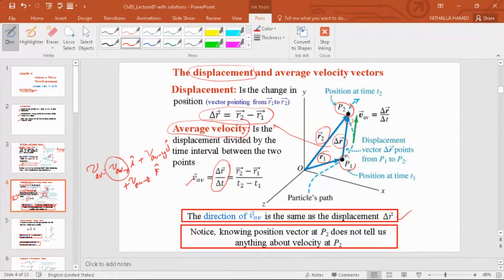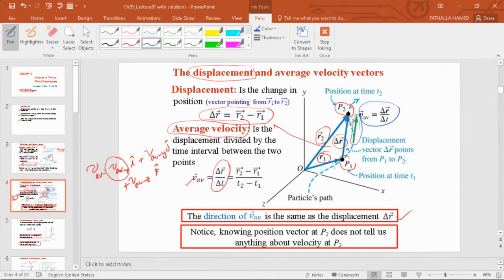So if you look at the graph that we have here, that's the average. And you can see the green arrow here, which basically describes your velocity. And that's why we say that this velocity vector is along delta r.